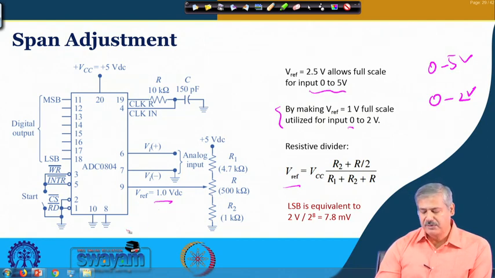And if you do that, you will get 0 to 2 volt. So in this case, 1 LSB is equivalent to what? 2 volt is the entire range, so 2 volt by 2 to the power 8 gives 7.8 millivolt, which is a better proposition. If you had stuck to the earlier one, the value you had seen is around 19 millivolt, so the resolution would have been worse.